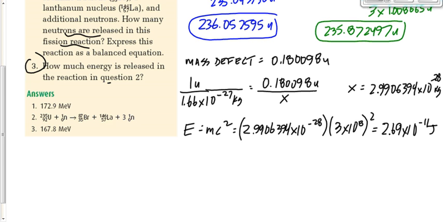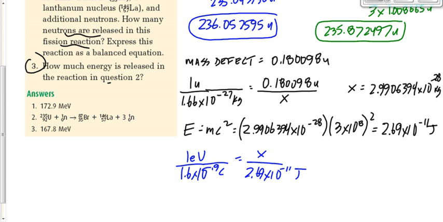Let's do that now. I'm fine with joules. If they want mega electron volts, then that's what we got to do, though. We know that 1 electron volt is equal to 1.6 times 10 to the minus 19 joules, equals X electron volts over 2.69 times 10 to the minus 11 joules.